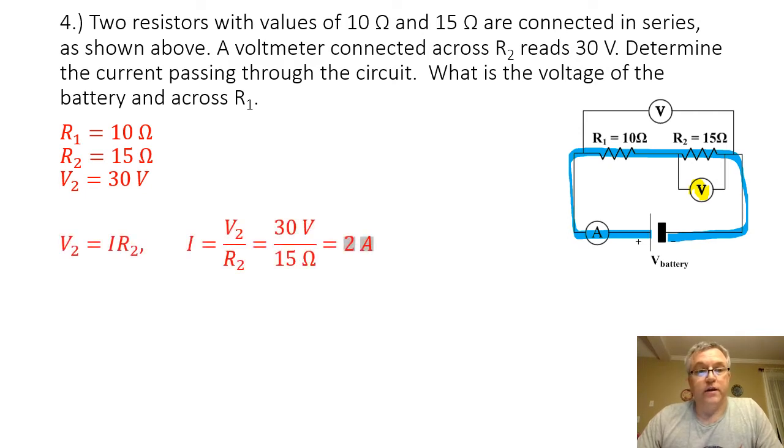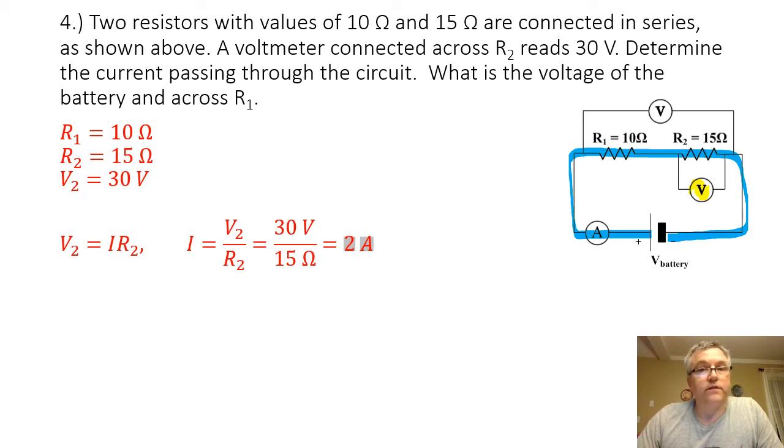To find the current on resistor 2, I have to divide the voltage of resistor 2 by the resistance of that resistor. So 30 volts divided by 15 ohms is going to give me a current of 2 amps. So I know that the current for the entire circuit is 2 amps.